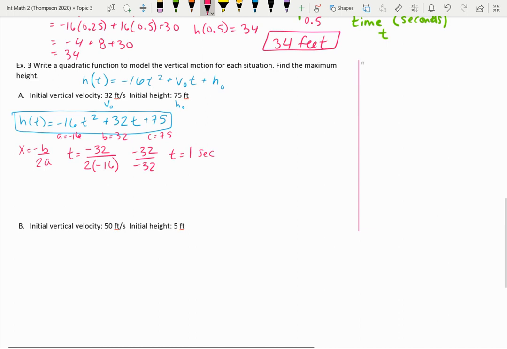So to find the height, I now plug 1 into the original equation that I wrote. Instead of t, I'm going to replace it with a 1. And then use order of operations. First thing I have to do is square the 1. So 1 squared, that's just 1 times 1, which is 1.